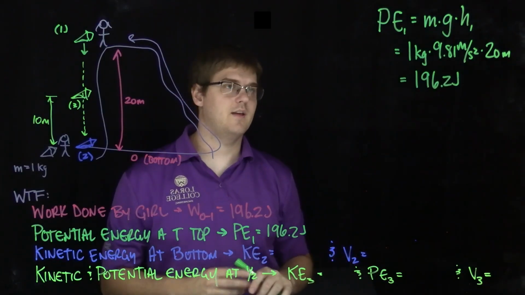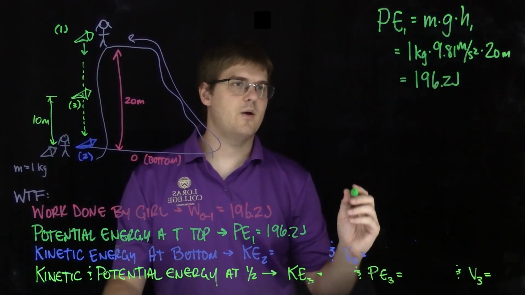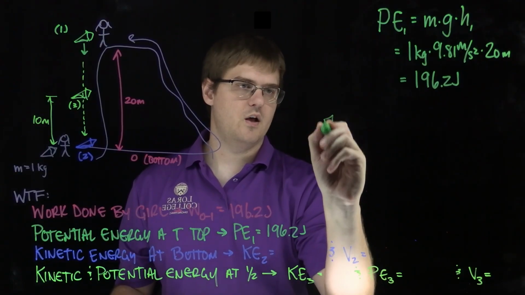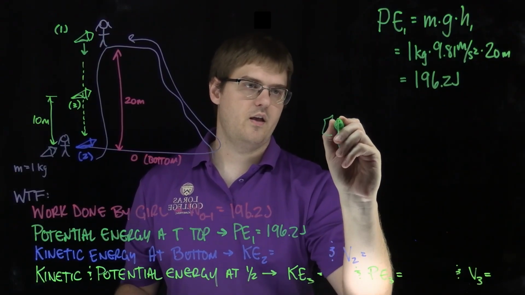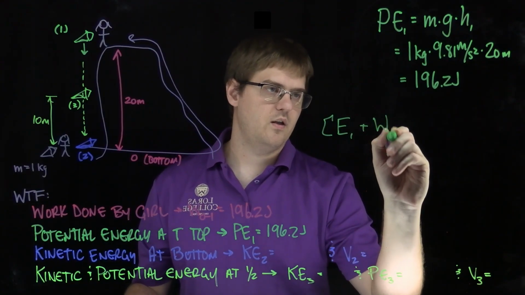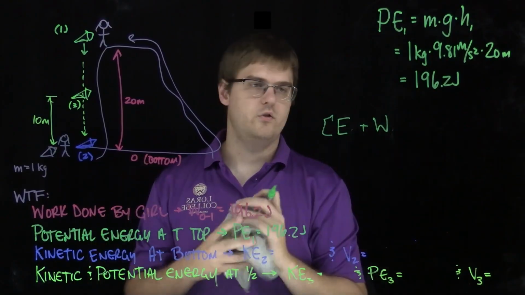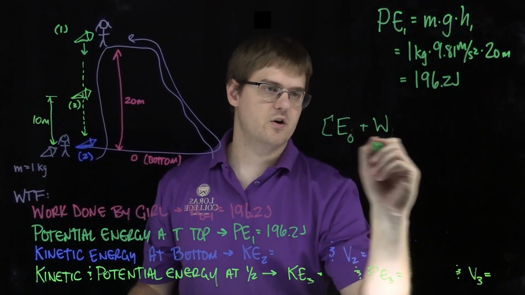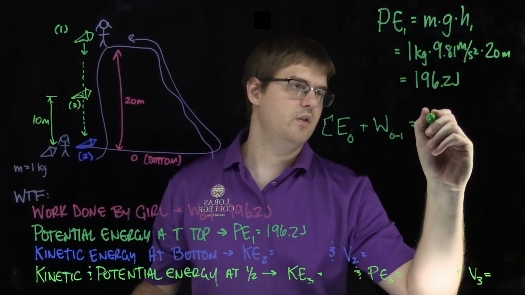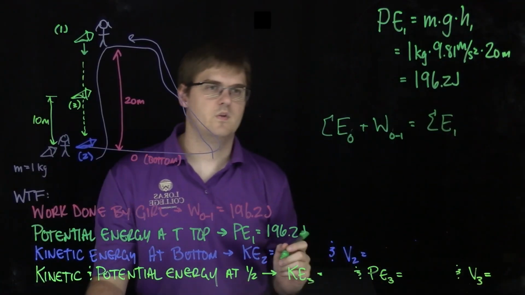Those two numbers look exactly the same, and that is a good thing, because if we think about our other new equation, we said our sum of our energies at 0 plus our work from 0 to 1 is going to be the sum of my energies at 1.